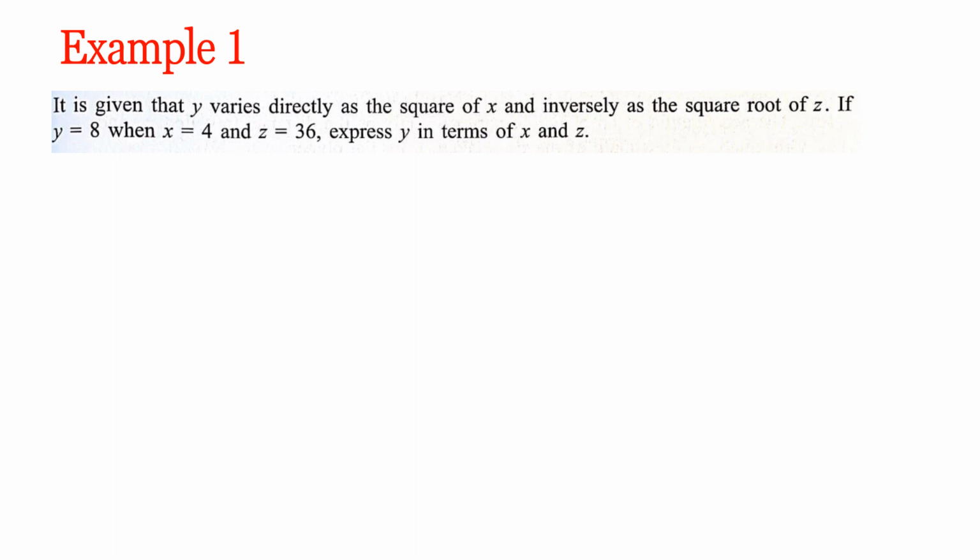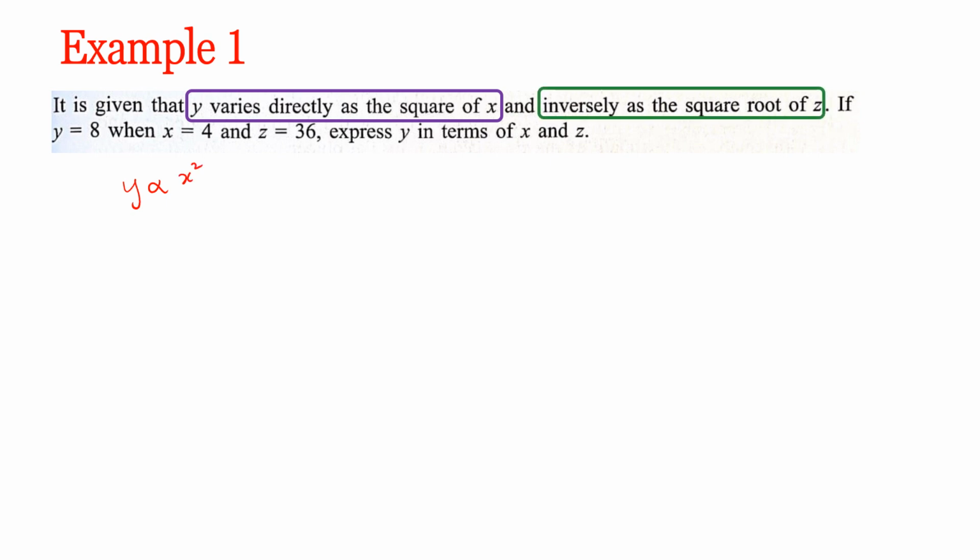Y varies directly as the square of S and inversely as the square root of Z. So inversely, we need to write in the denominator the square root of Z.